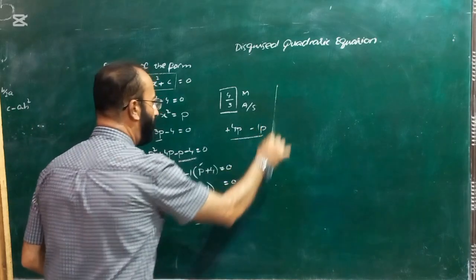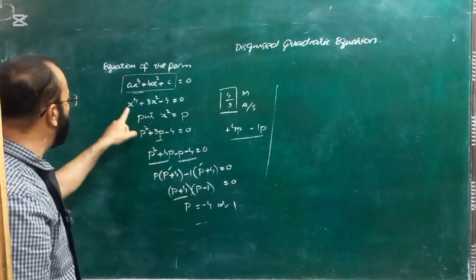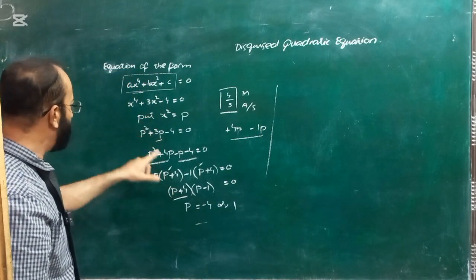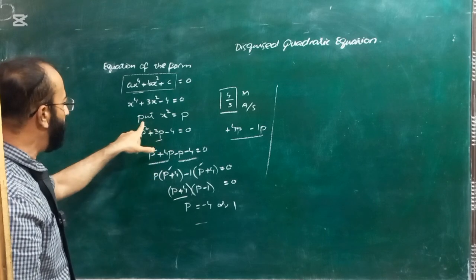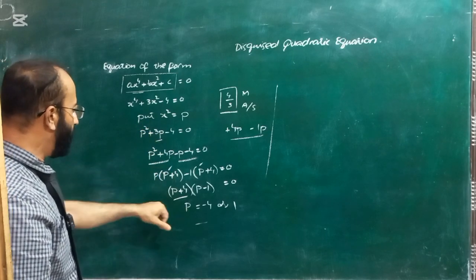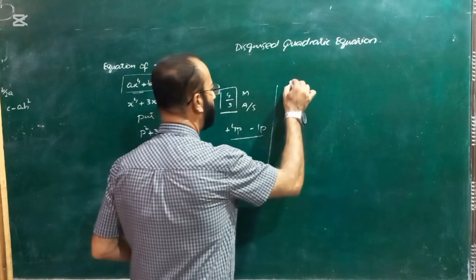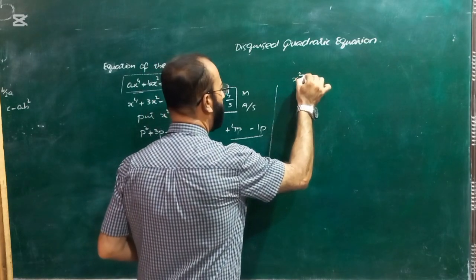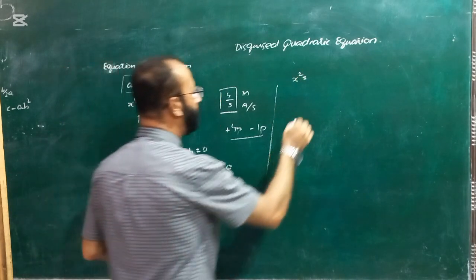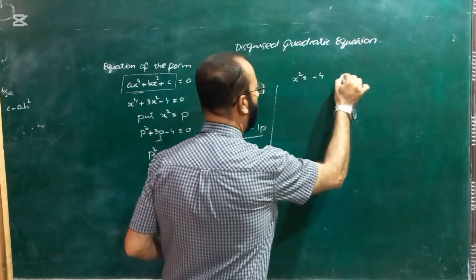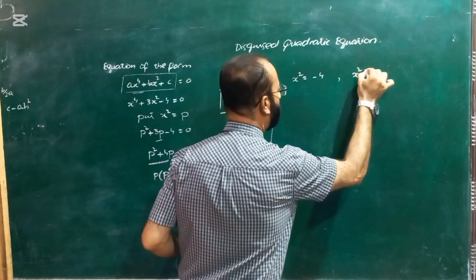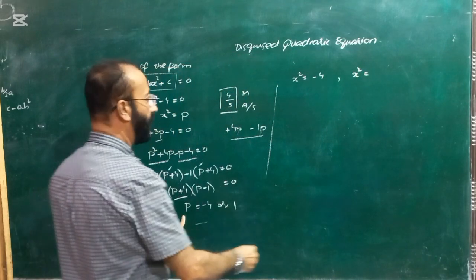Now we will replace them, because the original question was in x, and p = x^2 that we let. So again replacing them: p = x^2 = -4, and x^2 = 1.